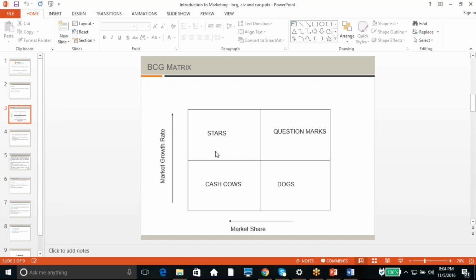So within stars also, market share on a lower side and market share on a higher side is there. So the analysis per se for the BCG is to see whether you are very comfortably into the star domain or you're hovering between question mark and star.